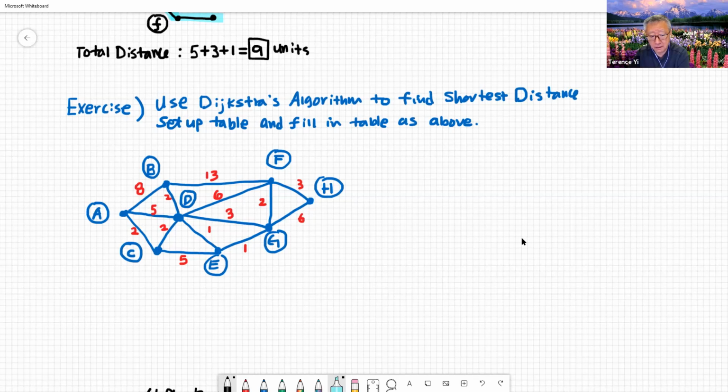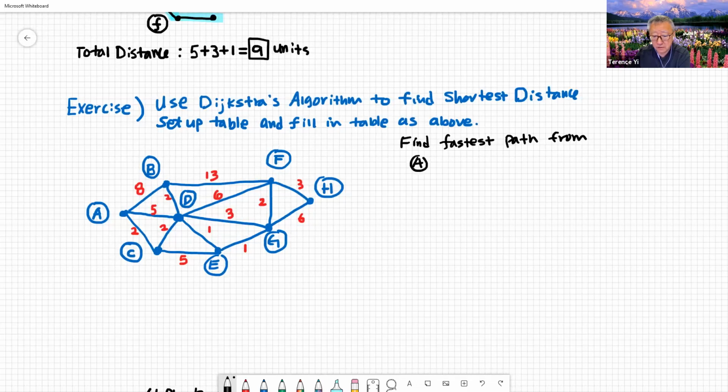Okay, and we want to find the fastest path from A to H. Okay, so I should maybe write down here, find the fastest path from A to H. Okay, so that's H over there.